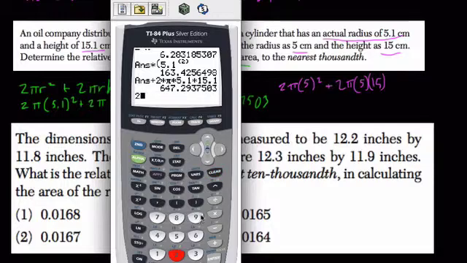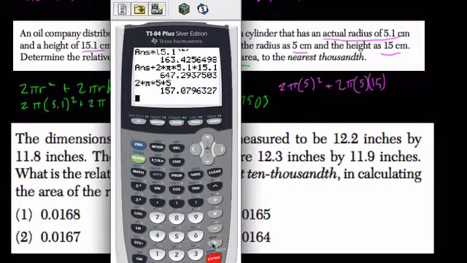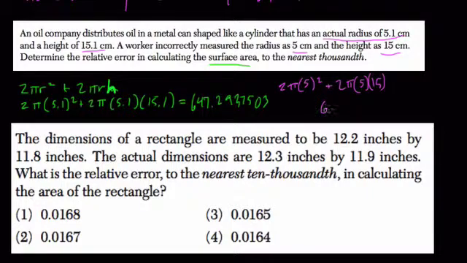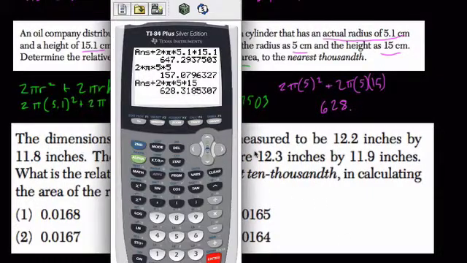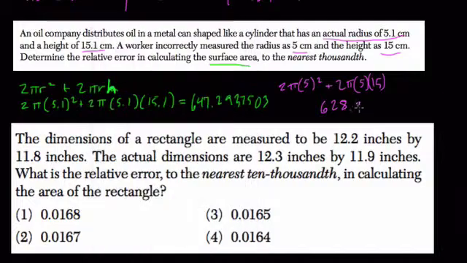Fix that. 2 times pi, times 5 times 5, enter, plus 2 times pi times 5 times 15. Okay, so this tells us we got 628.3185307.